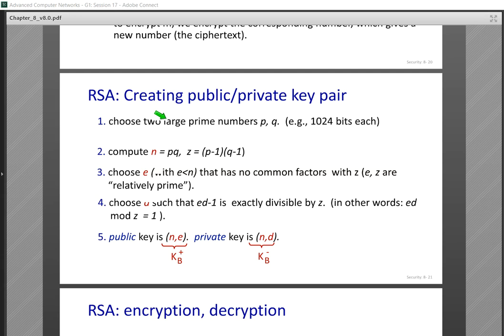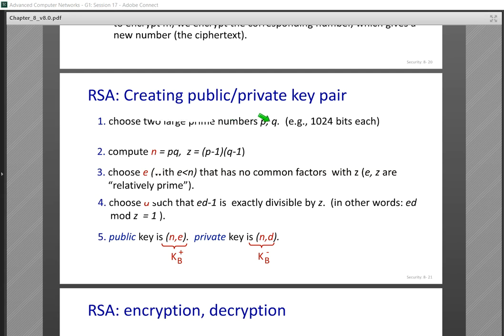Let's suppose that we have that message, and now I want to find different values. Firstly, I should find P and Q. They are prime numbers.